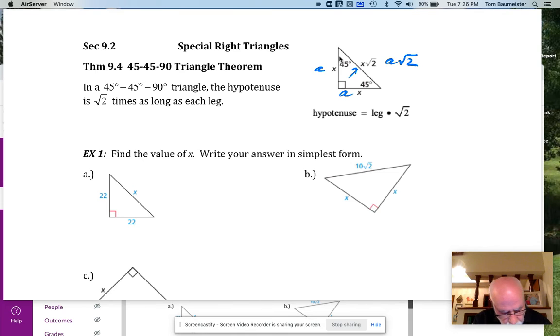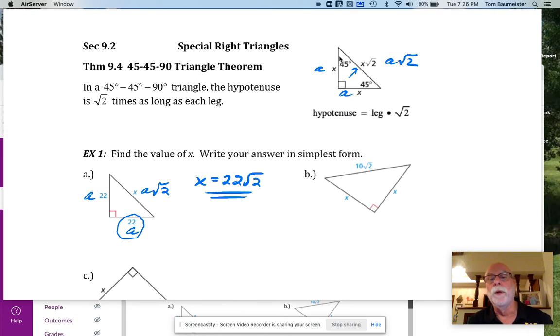So this here would be a, this here would be a, and this here would be a times the square root of 2. As we can see here, a is equal to 22. So our answer here would be x is equal to 22 times the square root of 2.